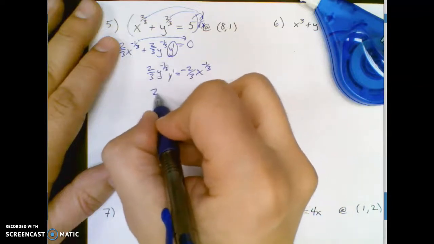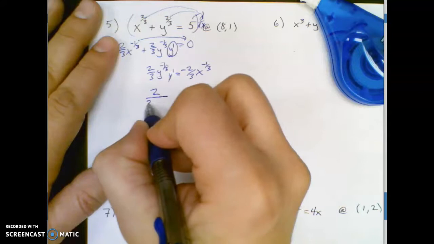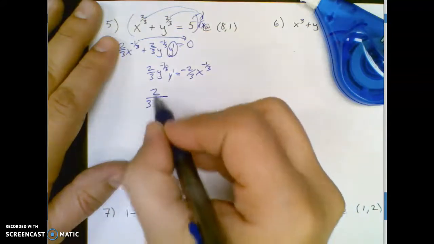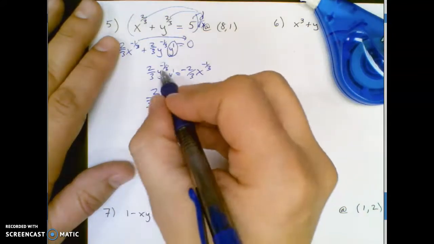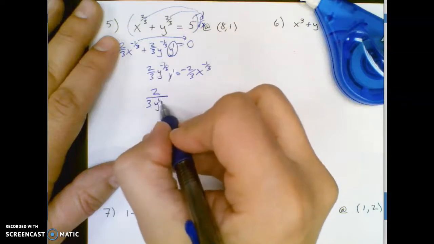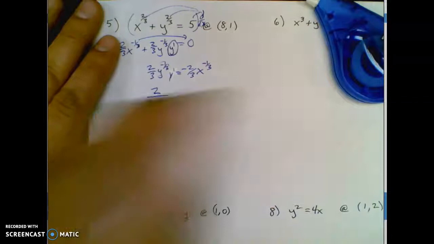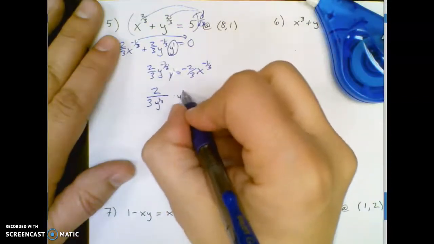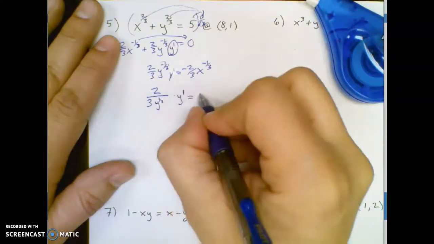So really I could write this as 2 over, there already was a fraction, 2/3, right? There's my 2/3. If this has a negative exponent, it just means it's supposed to drop down to the bottom and become a regular 1/3. So I'm not really doing anything other than rewriting my problem. Same with this other side.